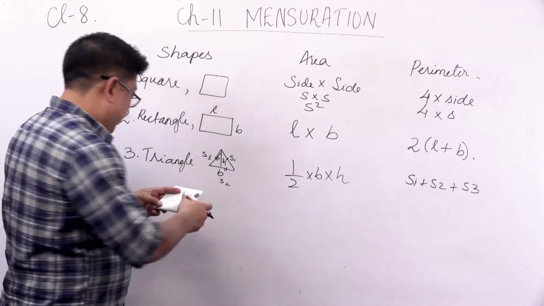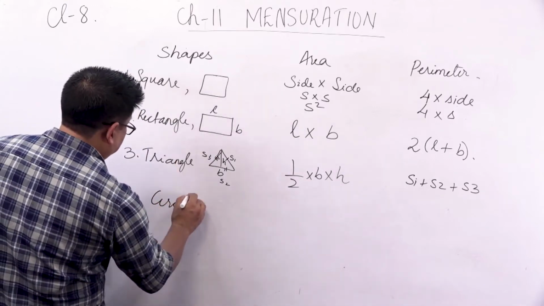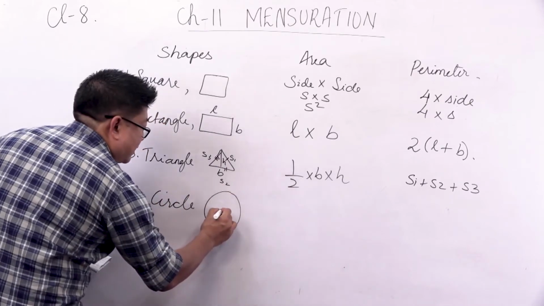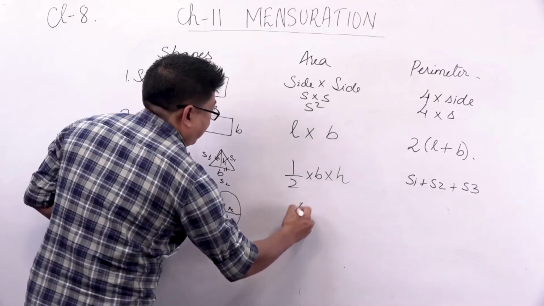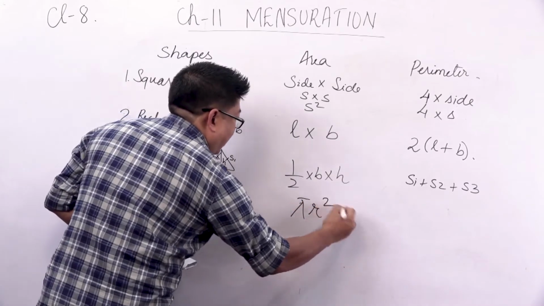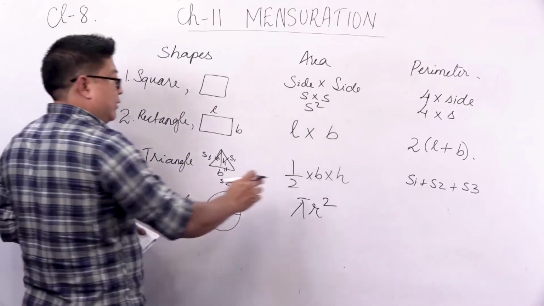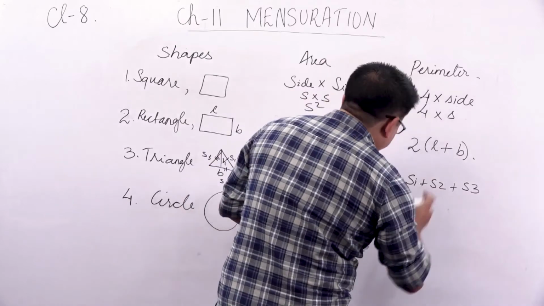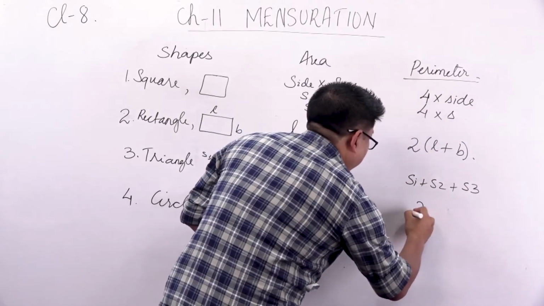And if you look at the next topic, we have learned about circle. So circle looks like this. This is your center, this is your radius, okay? So area of circle is nothing but pi r square. R is radius, all right? And for perimeter, in circle, we do not call it perimeter, we call it circumference.